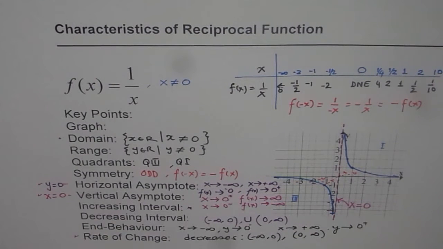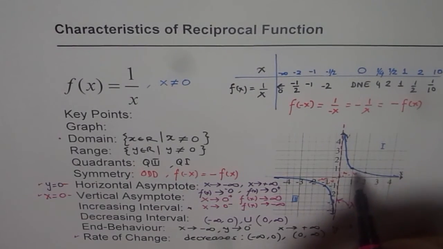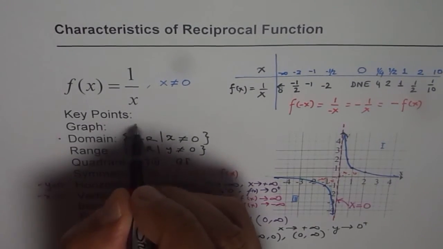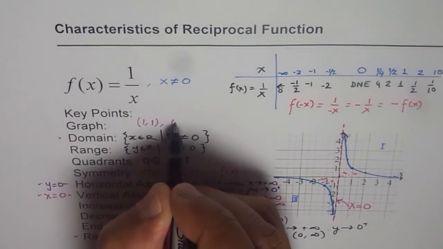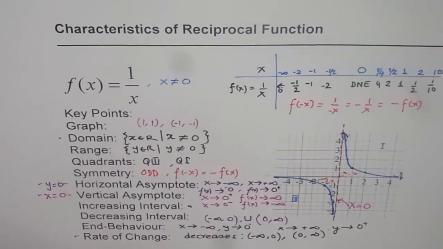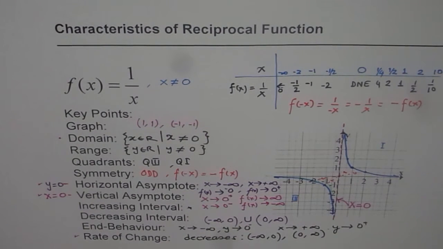Other good points are its critical values. These two coordinate points, 1, 1 and minus 1, minus 1, are very important points which you should be considering. When we draw the graph, it goes through 1, 1 and minus 1, minus 1.